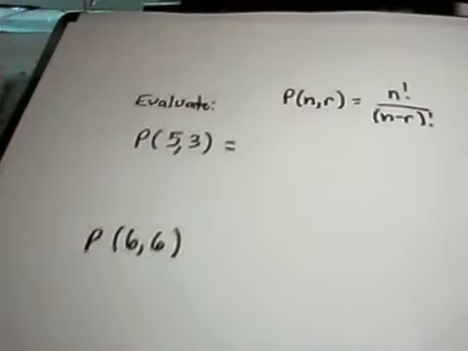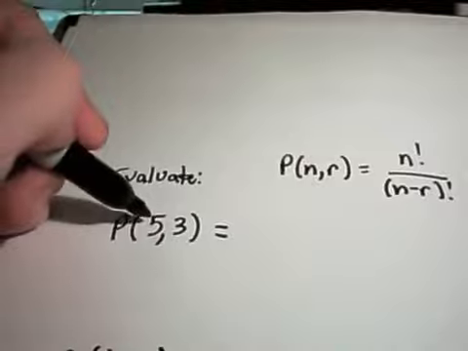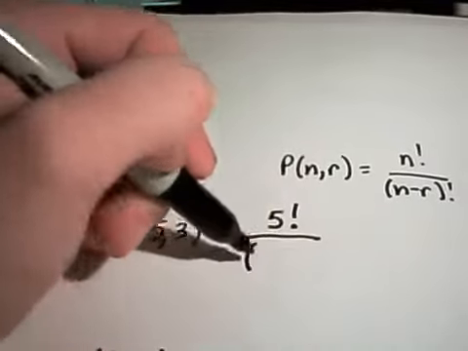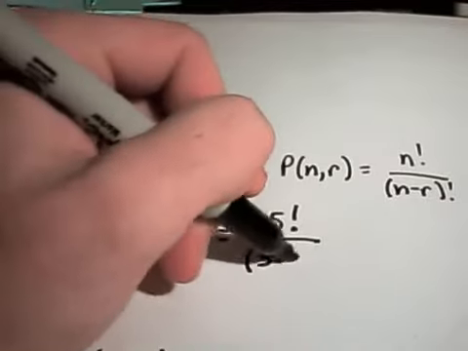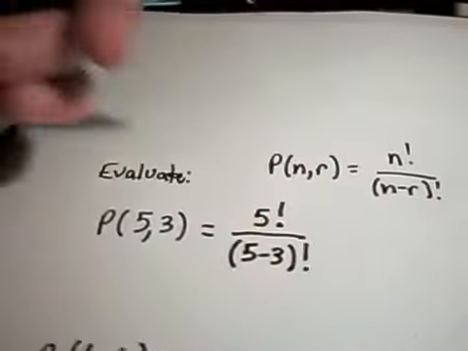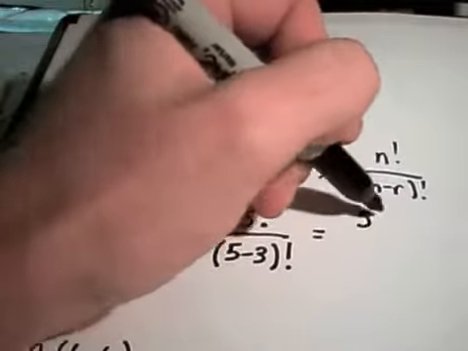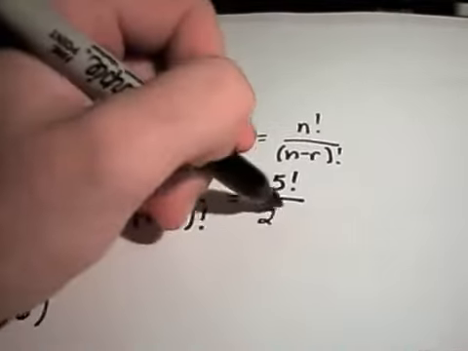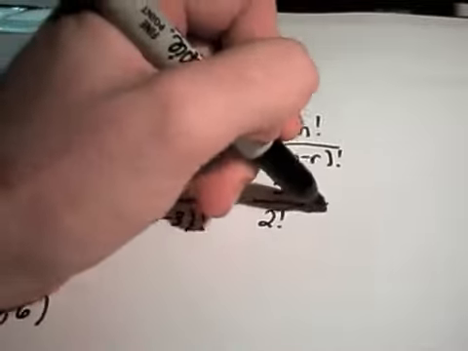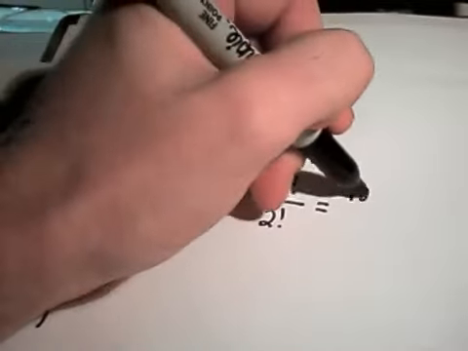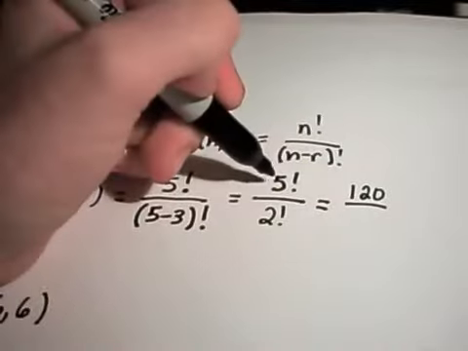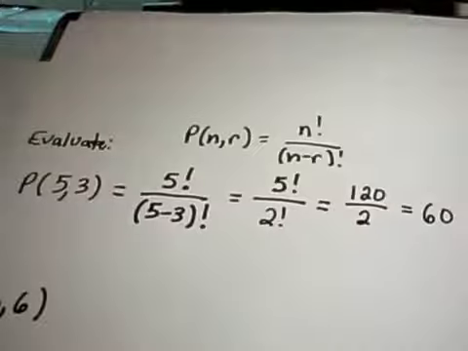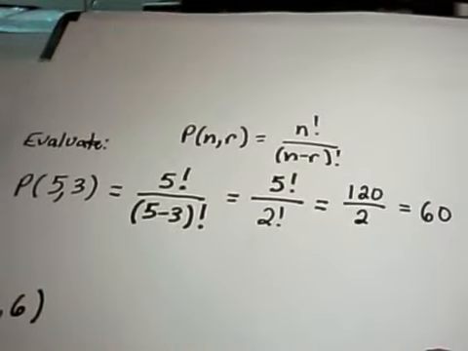So if we want to do this expression P(5,3), you'll have 5 factorial on top, and then you just put in parentheses, you subtract the two values, 5 minus 3 factorial. Again, on top, that's 5 factorial. 5 minus 3 is 2 factorial. And you can check that 5 factorial is 120, 5 times 4 times 3 times 2. 2 factorial is just 2. So we'll simply be left with 60.